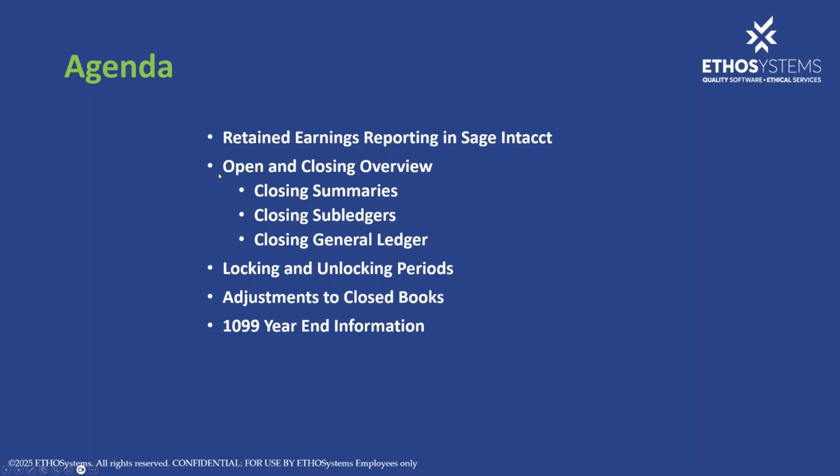We'll talk about different things with the opening and closing overview. We'll start with closing summaries and what that means. Summaries are a lot like batches in Sage Intacct. Then closing subledgers, and finally closing down the general ledger. Also, it could have been last year or so they released an option to fully lock, because before, if you were closed, you could still make adjustments through the adjustments option.